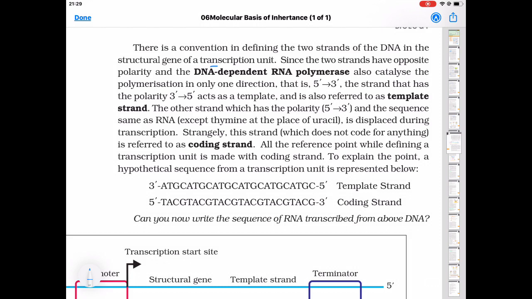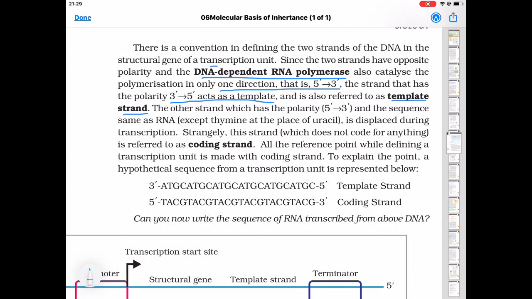DNA dependent RNA polymerase, because in transcription RNA is involved, so the RNA polymerase enzyme is used. It catalyzes polymerization in only one direction, that is 5' to 3'. The strand that has polarity 3' to 5' acts as the template and is also referred to as the template strand.